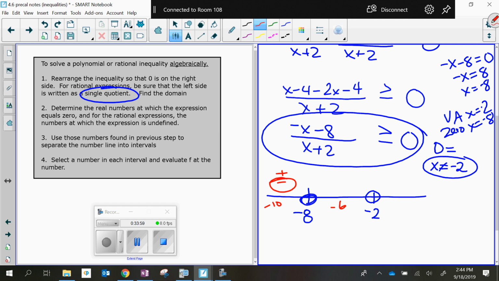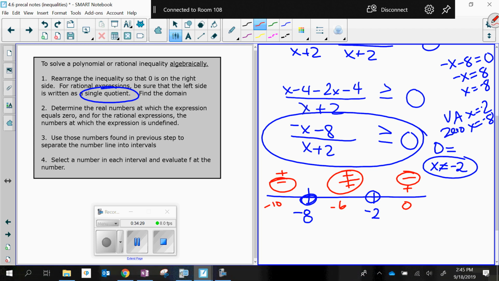-6. The negative of -6 is 6. 6 minus 8 is negative, and -6 plus 2 is also negative, so that makes positive. Okay, and then let's try 0. 0 minus 8 over 0 plus 2 is negative, okay, so we are looking for greater than, so that means we want positive, right?